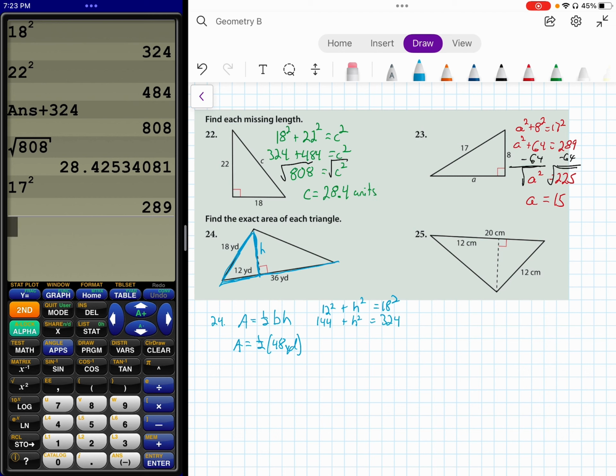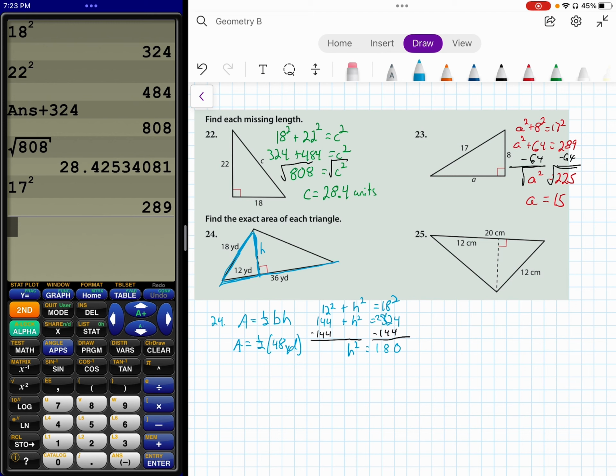And so we can subtract 144 from both sides. And we get h squared equals 180.